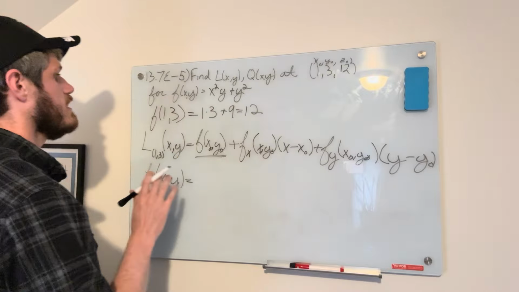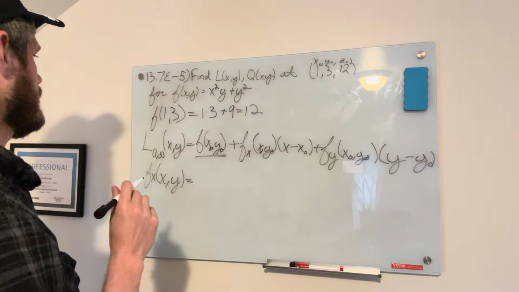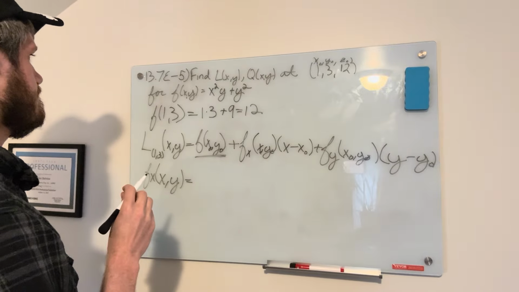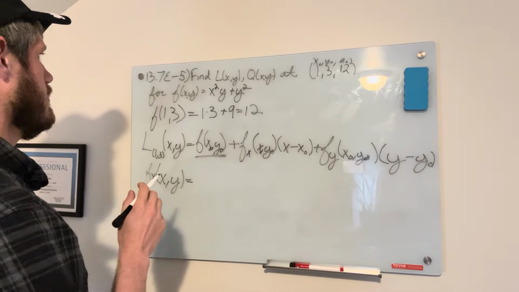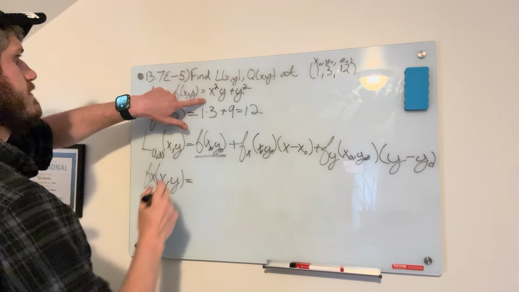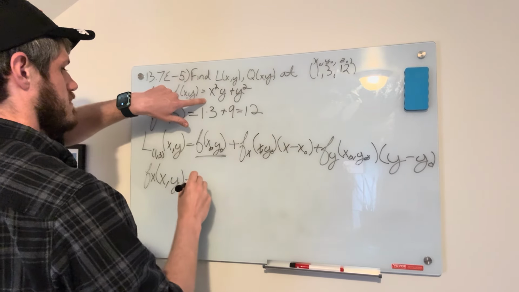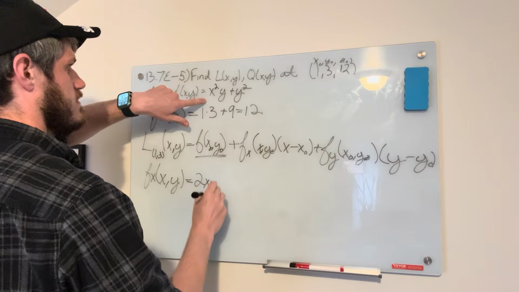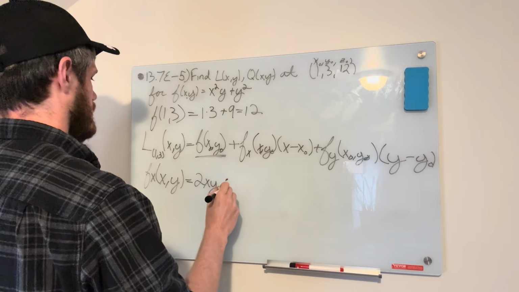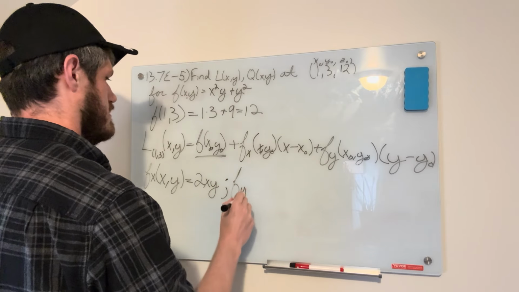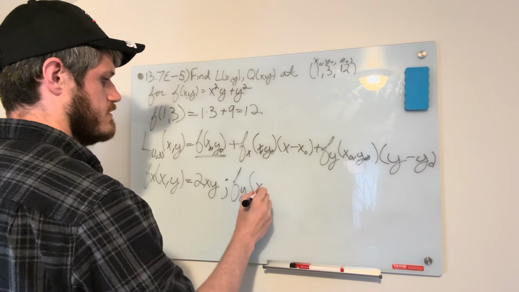Very important that you write it all like this. No one would understand otherwise. So here's our function up here again. So we're taking a derivative, nice simple derivative, and then you take your partial with respect to y.